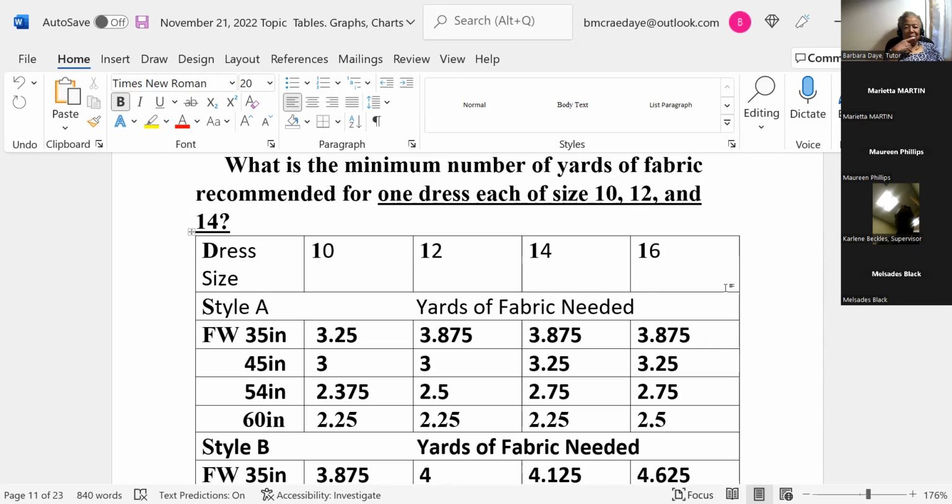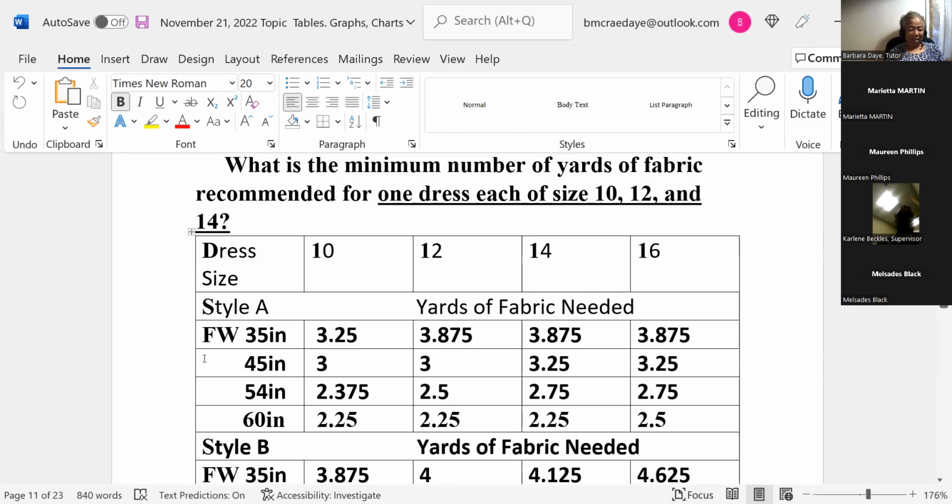Mental math. Marietta, what did you get? I haven't got it yet. I'm thinking. 14 and 16, you say? Yeah, 12, 14, 16. Three dress sizes. Okay, no one understands what you're saying. And it's mental math. You really don't have to put it in a calculator. I just want to see them to write them off.